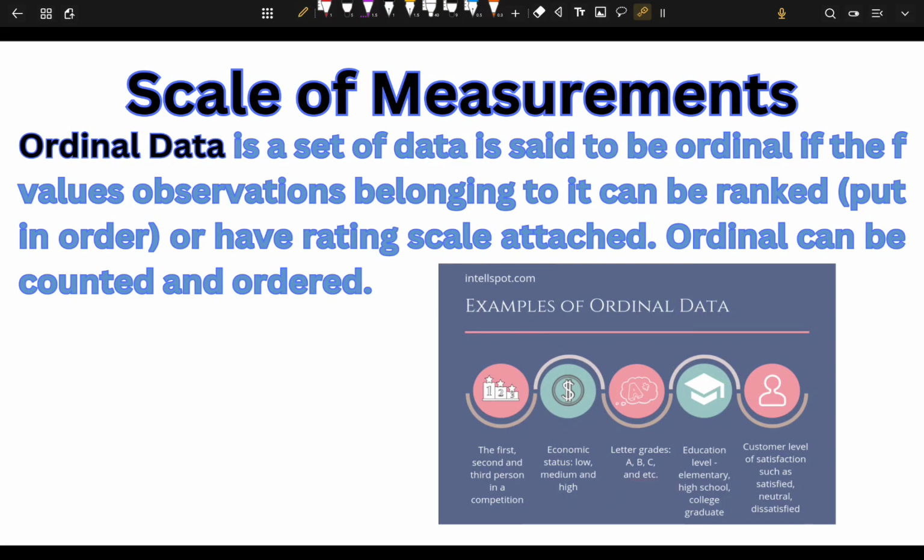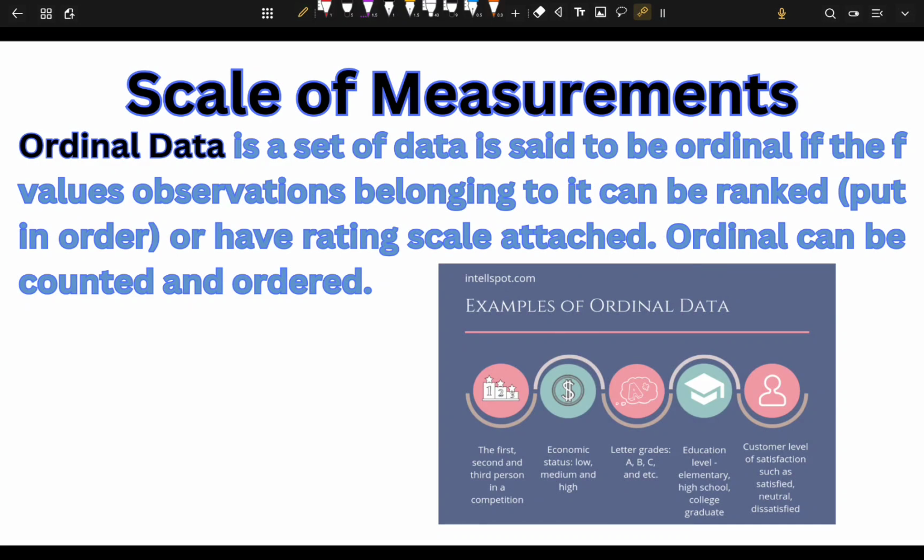May plus pa nga yan. A plus, di ba? Sa atin, sa college, ang ating mga numbers is yung 5, yung bagsak. We have the 3, the passing, 2.75, 2.5, di ba? Hanggang 1. Educational level, we have the elementary, high school, college, meron pa yan, postgrad, di ba? Meron sa customer level, satisfaction: satisfied, neutral, or dissatisfied.